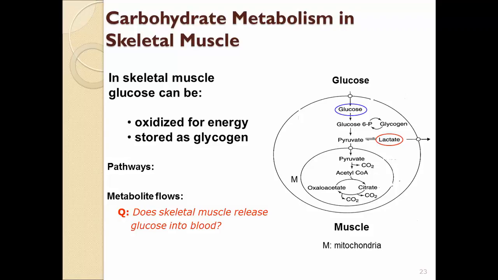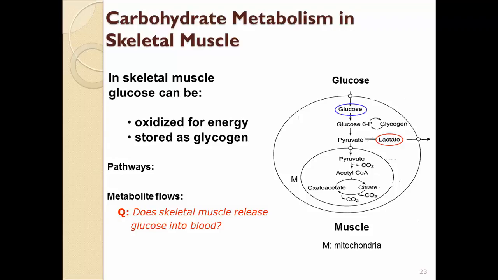Because muscle does not have glucose 6-phosphatase. Glucose 6-phosphatase is the enzyme that converts glucose 6-phosphate to free glucose. So if muscle does not have this enzyme, then it cannot convert glucose 6-phosphate to glucose. So glucose 6-phosphate will be further metabolized within the muscle cells, right?